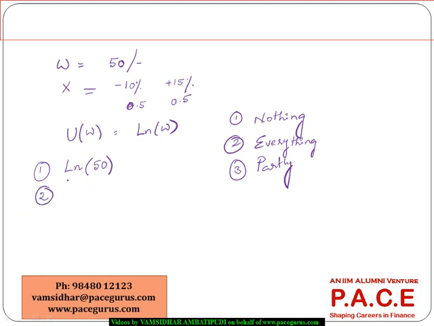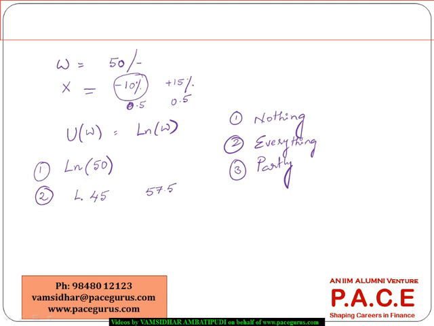Whereas in the second case, let's say he has invested everything into X. Now there is a possibility that his wealth can be down by 10%, meaning it can go to 45 with a 50% chance, and it can go up by 15%, which means it could go to 57.5.